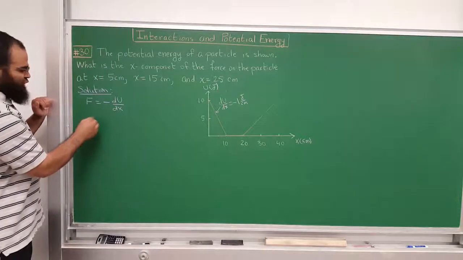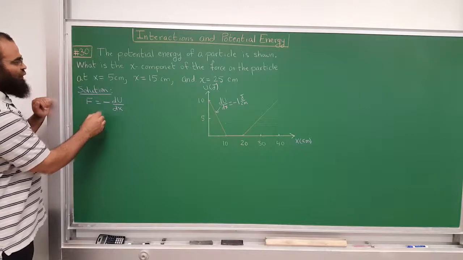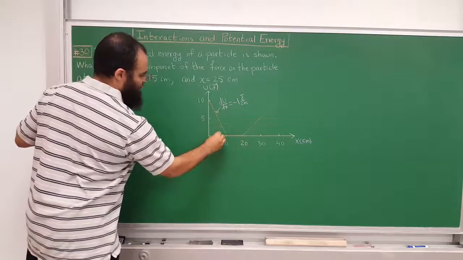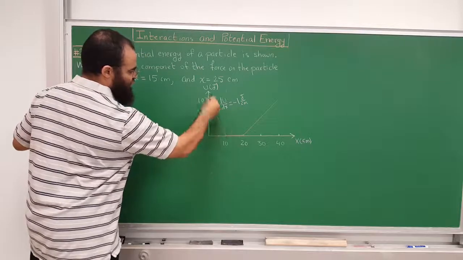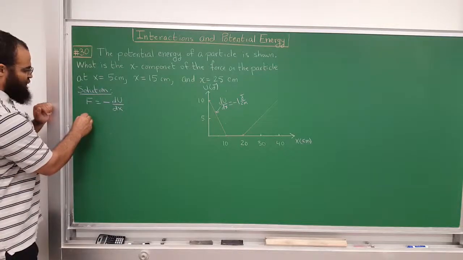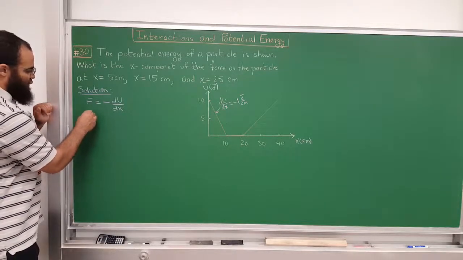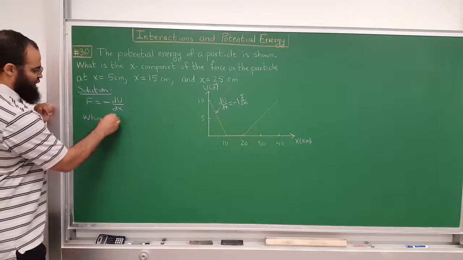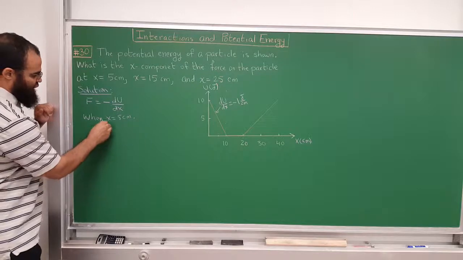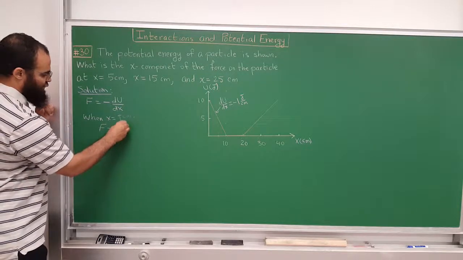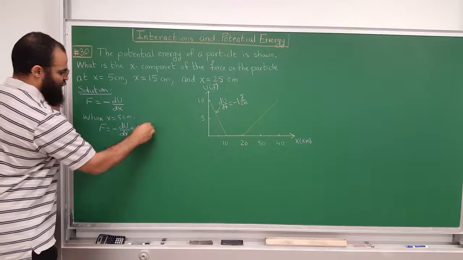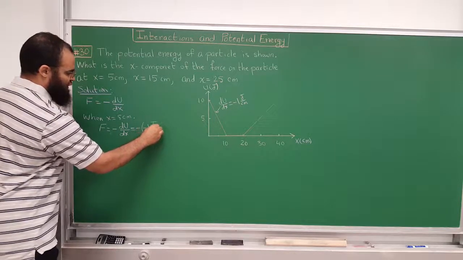So where is x equal to 5 centimeters? It is here, so it belongs to this segment of the potential. So for part A, when x equals 5 centimeters, F will be negative du dx, which is negative 1 joule per centimeter.